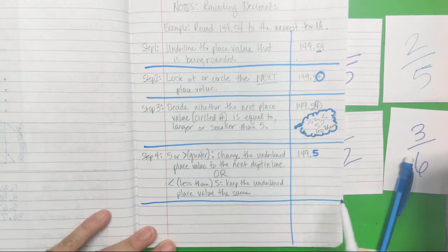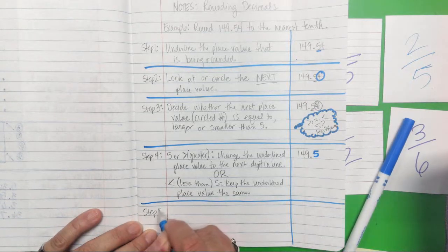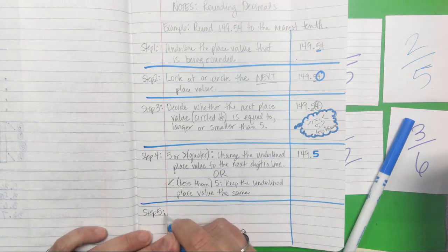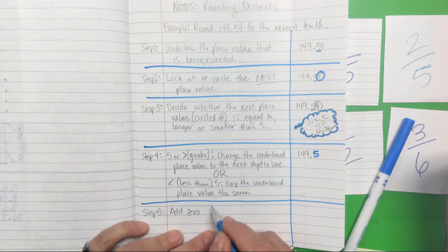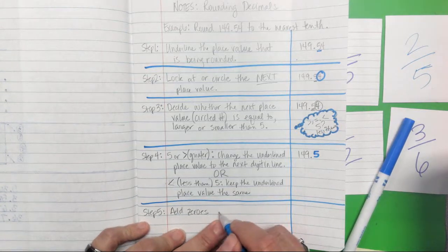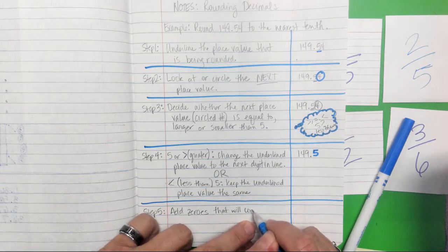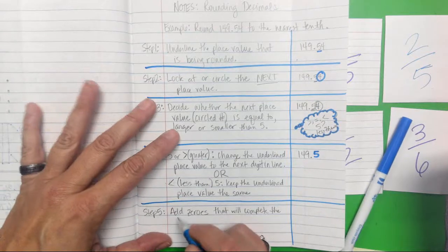All right. Step 5. Add zeros. That will complete the original place value.